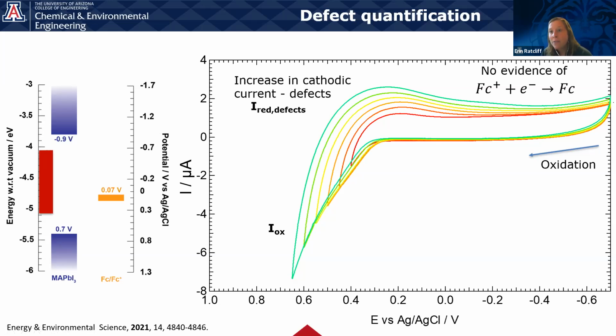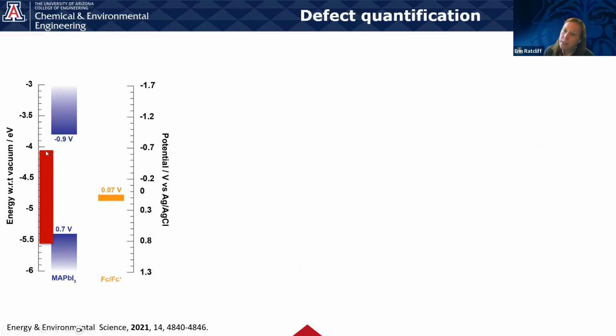All right, now what happens if we push our potential window further into the valence band? Right, so we're going to increase our potential window and we're going to go into the valence band. Those colored CVs, same color code of what I'm about to show you. So we just talked about the red to green, or about a current of plus or minus 5 microamps.